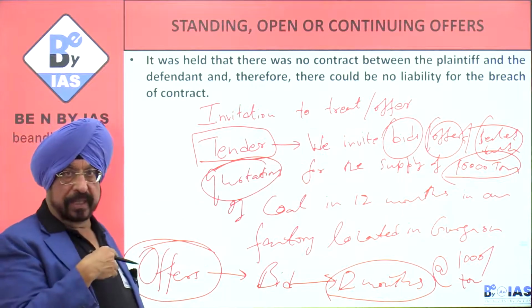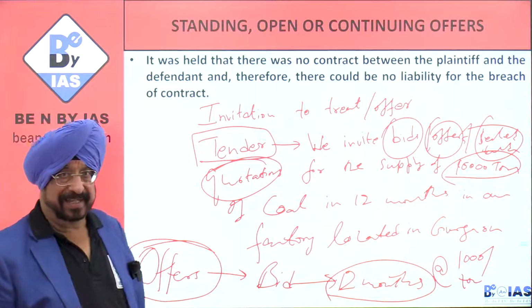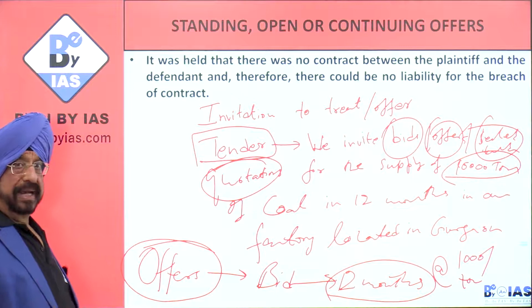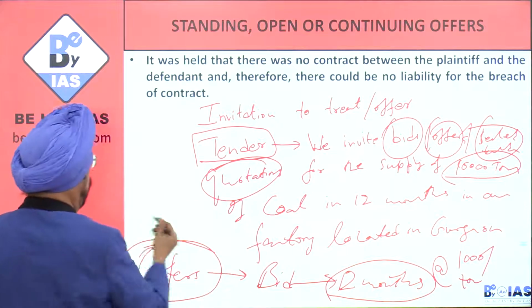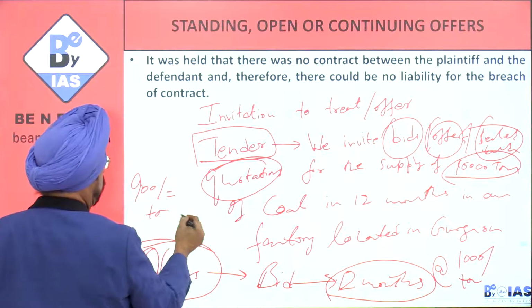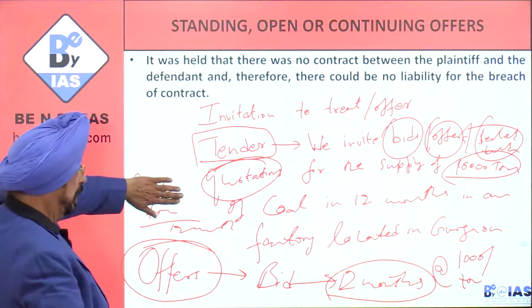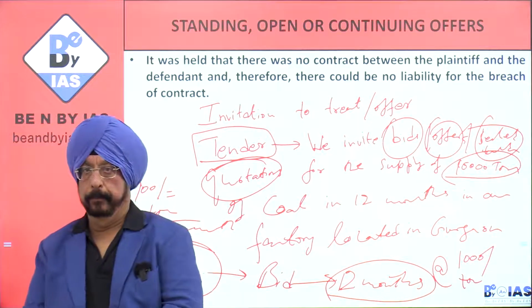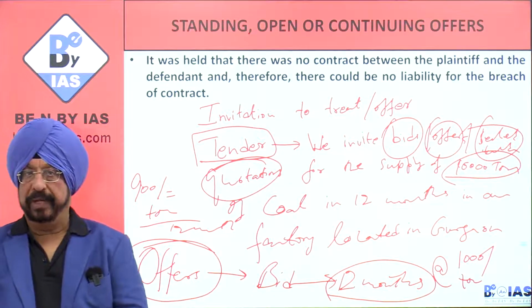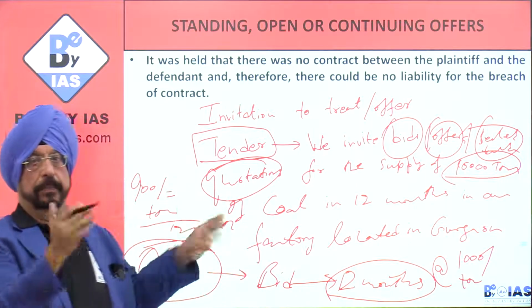Now it is an offer. Suppose there is another offer by another tenderer for 900 rupees per ton for the same 12 months. Now he becomes the lowest bidder. Right? So that bid is accepted.